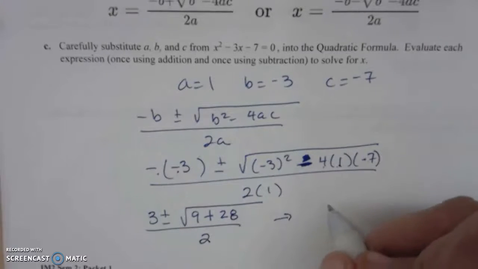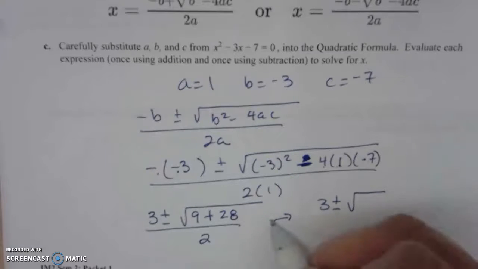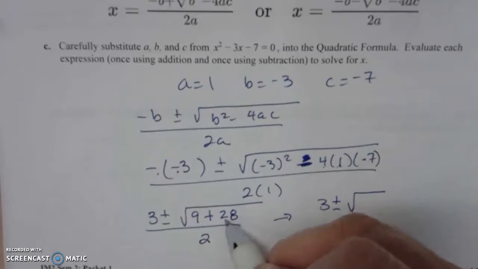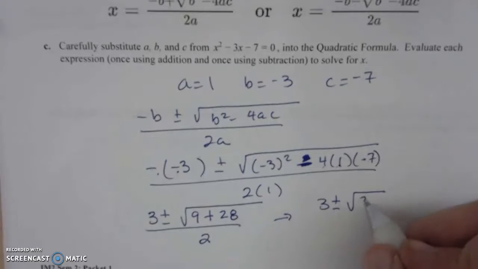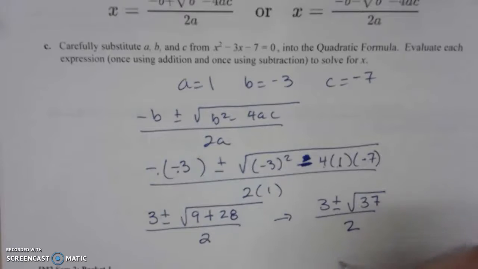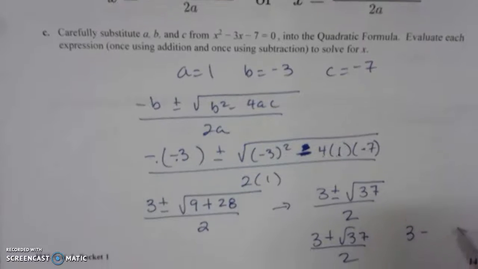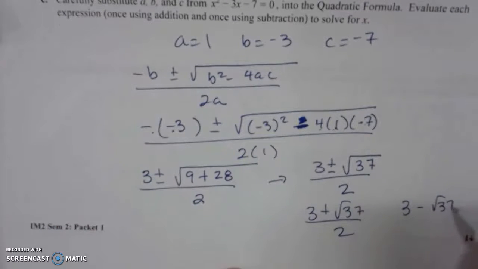Let's simplify that to 3 plus or minus the square root of 28 plus 9 is 37 divided by 2. Okay, so we're going to have 3 plus the square root of 37 divided by 2, and 3 minus the square root of 37 divided by 2.